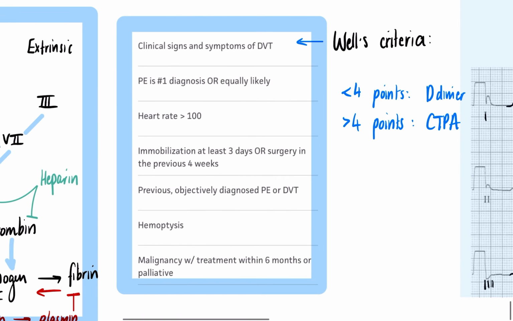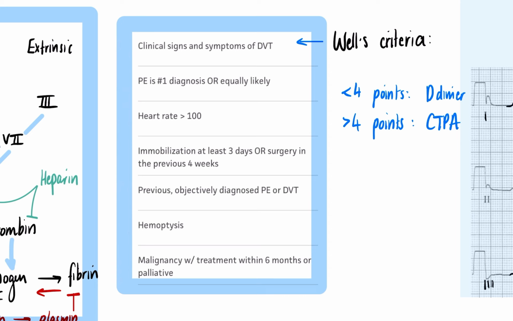Criteria include things like signs and symptoms of a DVT, which I'll go through in a bit. If you think that the pulmonary embolus is very likely, if they have a high heart rate, if they've been immobilized for at least 3 days or had surgery in the previous 4 weeks, because remember this adds to venous stasis and hypercoagulability. If they've had a previous DVT, if they're coughing up blood, or if they're palliative or have had cancer recently.